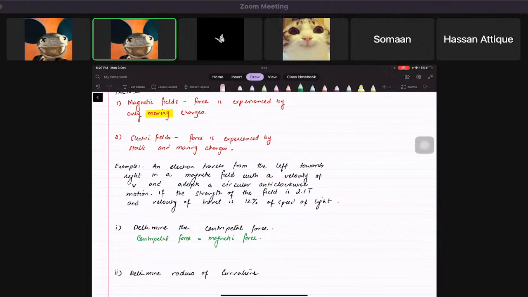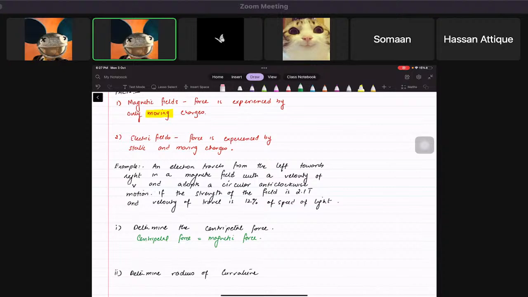Now, because there is a single charge, Suman, can you please tell me what is the formula for that? Force on a moving charge? Yes, Suman.